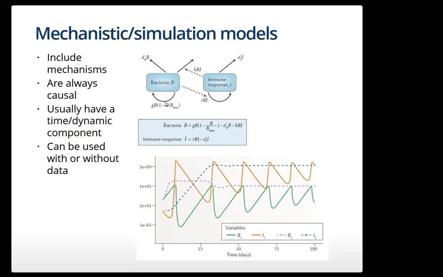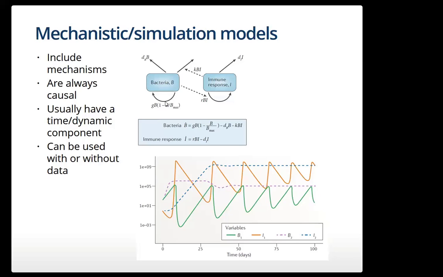One important thing, and that's a differentiating part from the models I just said we're not discussing here, is that you can use those models both with and without data. In the graph at the bottom, the model is being run without any data. You give the model starting values, you give values for the parameters of the model, and you can just simulate.